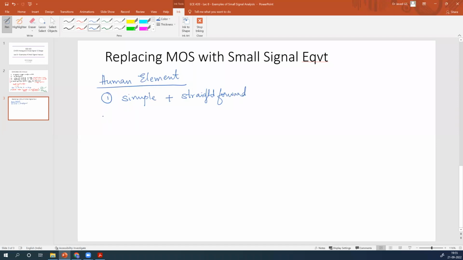Now there are four rules that you have to follow. These can be your 4P, like how some people have written before. This is how I have generally written it for replacing. First thing, patience. You need to be patient and do it with precision.